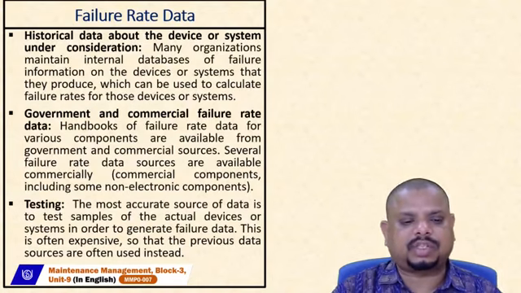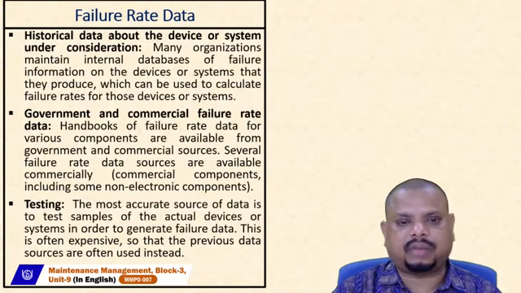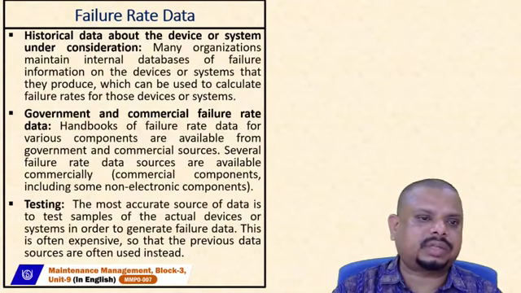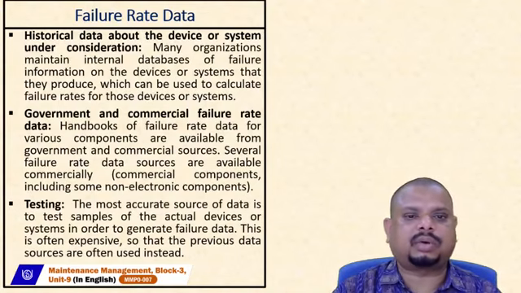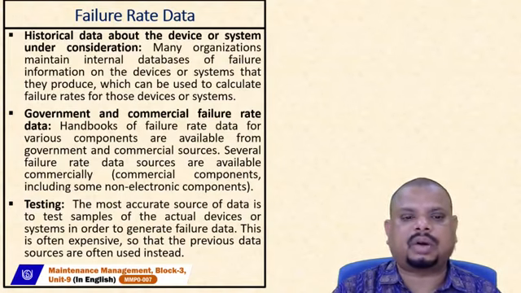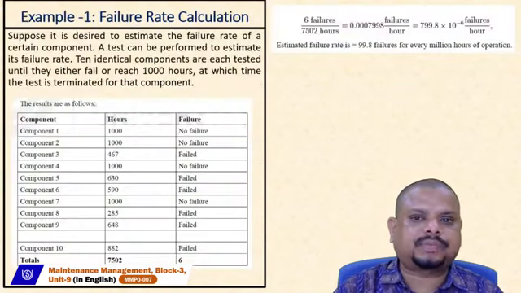This is the most expensive, so previous data sources are often used instead. Due to the high cost of accurate data, in most cases organizations prefer historical data about the devices or system, and they collect references from various handbooks provided by government and commercial agencies. Moving to the next one.